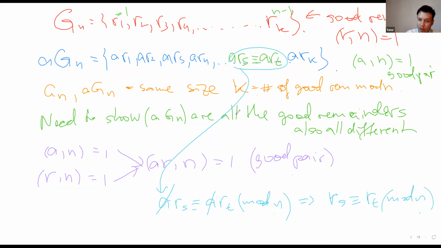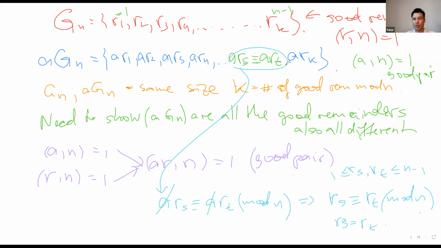Well, what's the problem here? The problem is that RS and RT are numbers that are less than n minus 1 and greater than or equal to 1. So this cannot happen. The only way this can happen is if RS is equal to RT. So basically they're all different here.